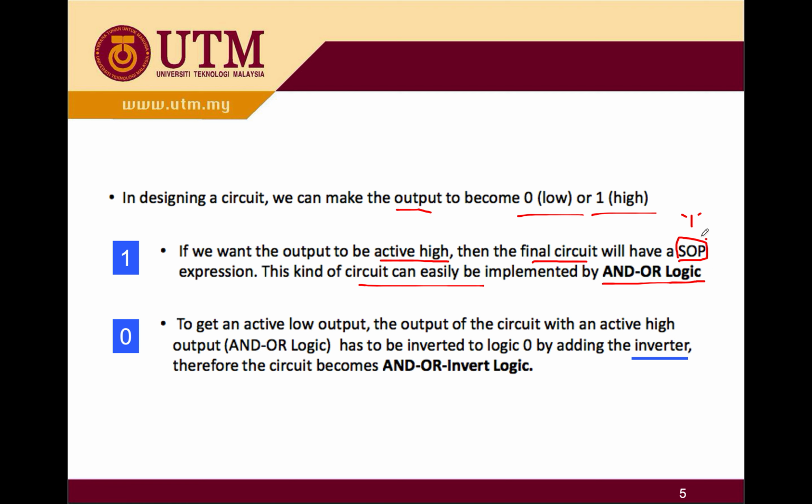So you need to know SOP normally uses AND-OR logic, while for low output, of course it will be POS, and you're going to use AND-OR inverse, which is of course the inverse of the AND-OR logic.